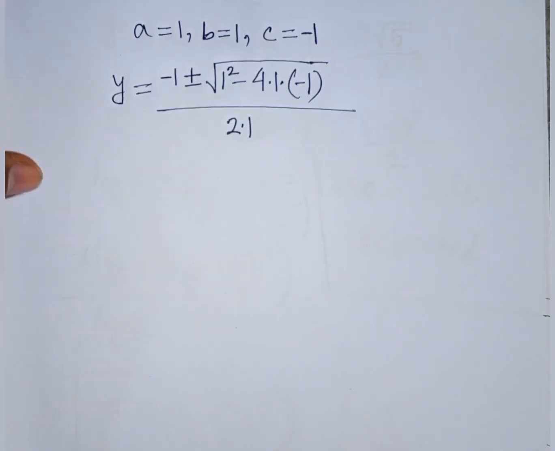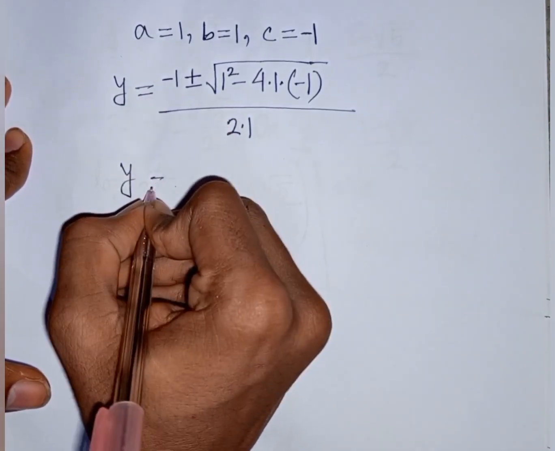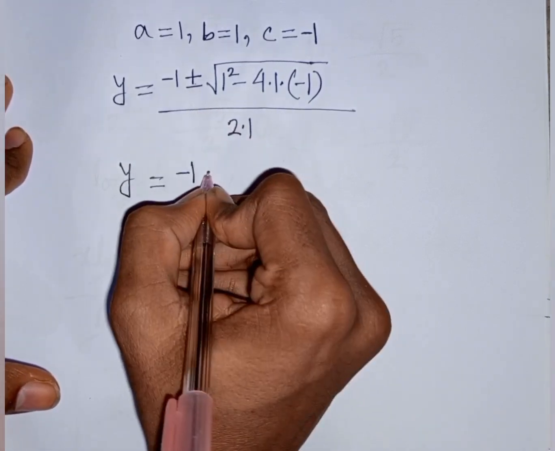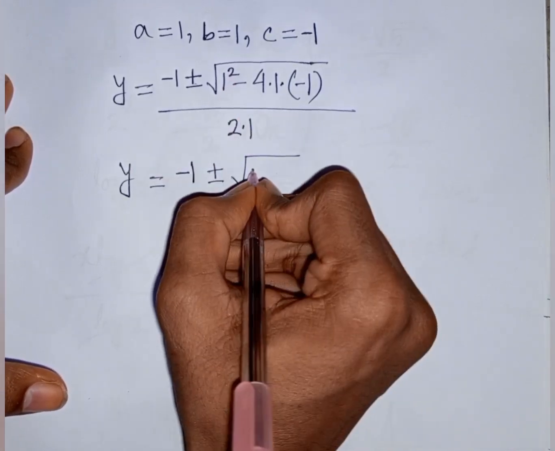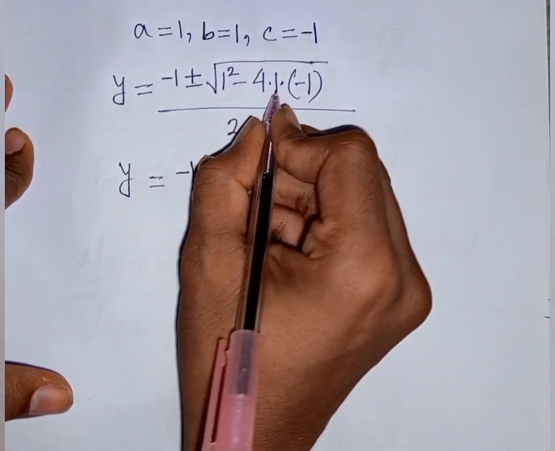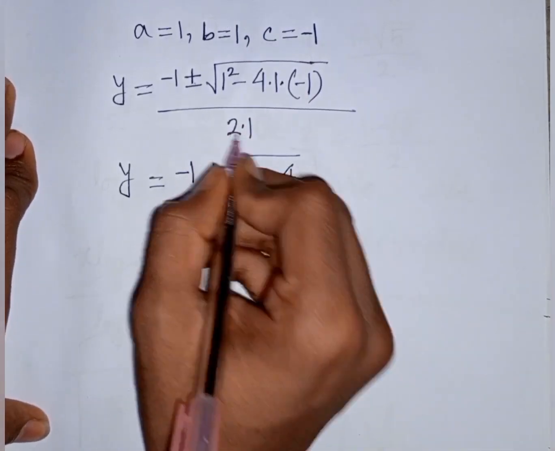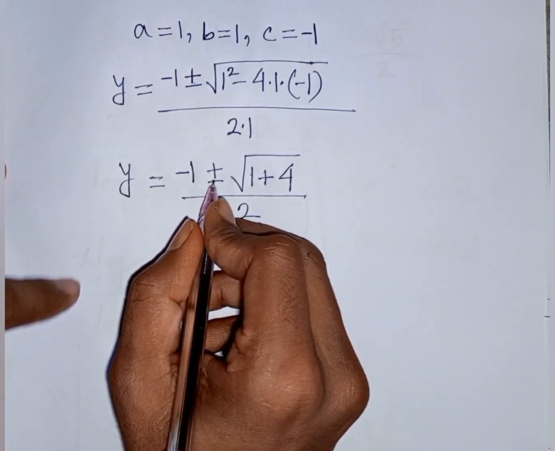Now we can write here y is equal to minus 1 plus or minus a square root of 1 square, which is the same as 1, then minus times minus, that means plus, 4 times 1, that means 4, then divided by 2 times 1, that means 2. Now we see here two cases.